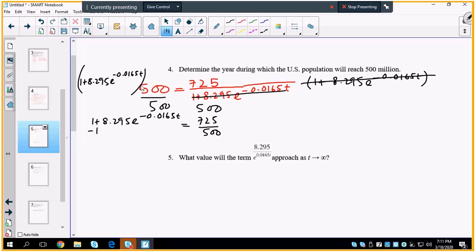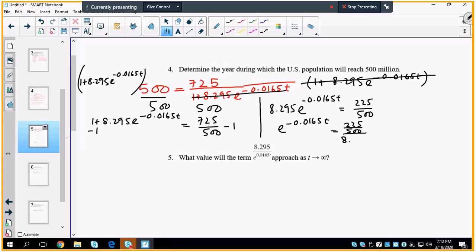Subtract 1 from both sides, and I get 8.295 e to the power minus 0.0165 t is equal to, if you subtract, remember 1 is 500 over 500, so you get 225 over 500. And if you divide both sides by 8.295, then you will get e to the power minus 0.0165 t is equal to 225 over 500 divided by 8.295.